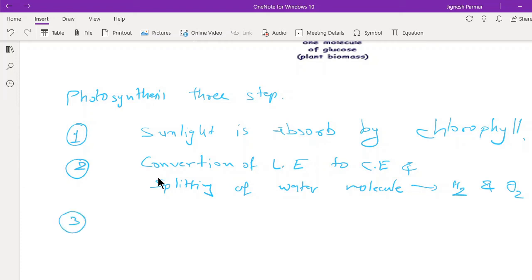And the third step: this hydrogen reduces carbon dioxide, the reduction of CO2 into glucose. It is a type of reduction reaction, to glucose, so here you can write carbohydrates in this way.